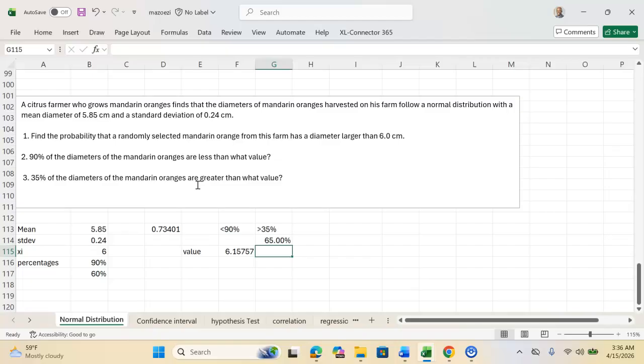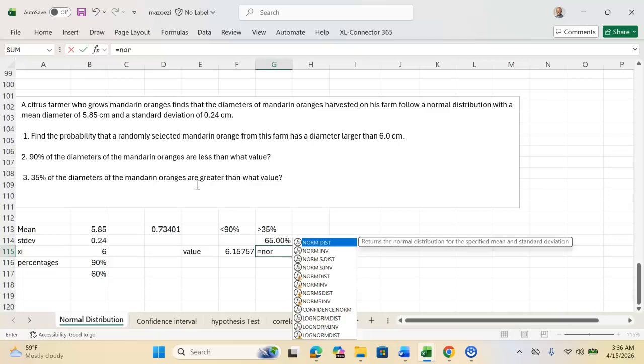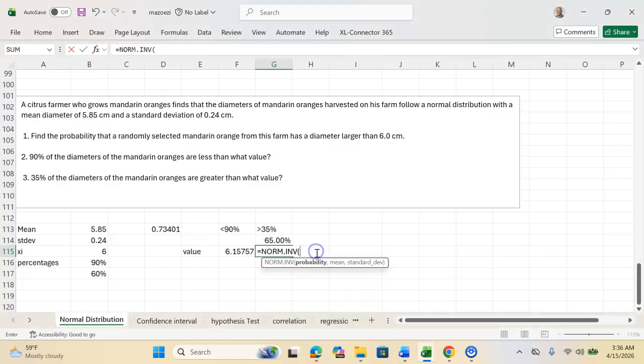And so to get the value, just put an equal sign and the function, which is norm.inv, and then click on that probability, average and standard deviation, and close the bracket and enter. So we have a value. So that's all with the normal distribution.